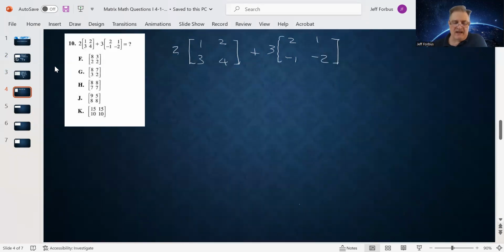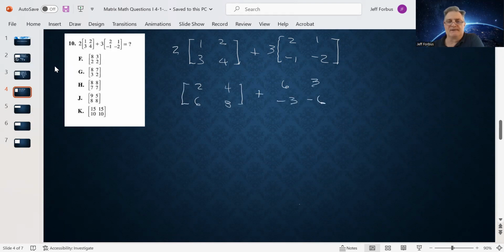First step, we're going to multiply. And when we do, we're going to get 2 times 1, that's a 2. 2 times 2 is a 4. 2 times 3 is a 6, and 2 times 4 is an 8. Now, 3 times 2, 6. 3 times 1, 3. 3 times negative 1, negative 3. 3 times negative 2, negative 6.